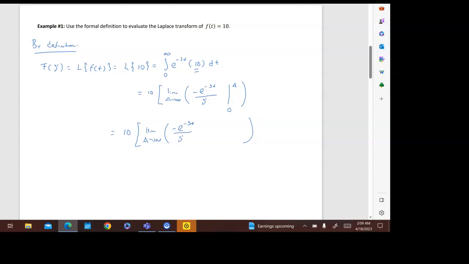And then technically, as we evaluate the 0 limit, there's going to be a minus, but there's already a minus there. So let me rewrite it as plus. And e to the negative st, oh shoot, but this is going to be 0. So this is going to be negative s of 0 divided by s.